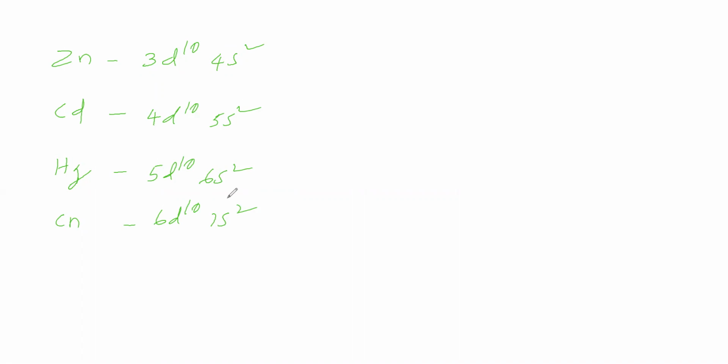Zinc can show +2 oxidation number. Cadmium can show +2 oxidation number. Mercury can show +1 oxidation number, otherwise +2. So the general oxidation number is +2. Therefore, this group is 2B group as per the European system.